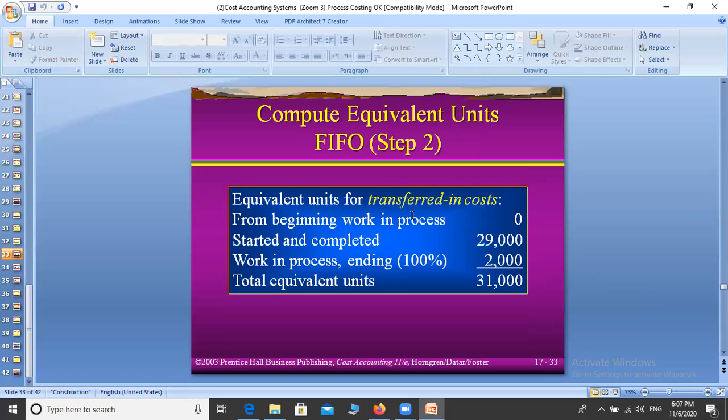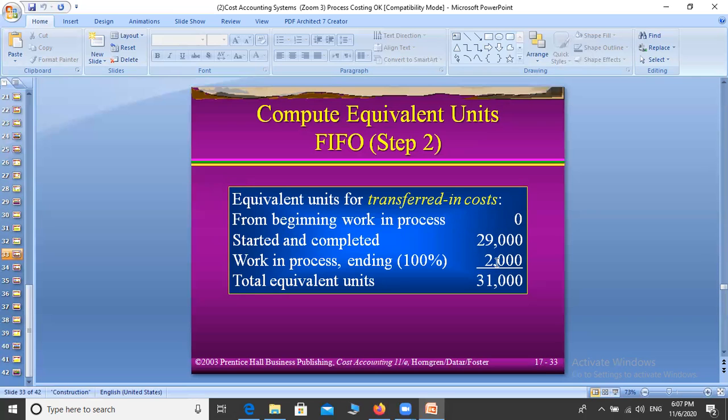From beginning work in process, the transferred in cost is 100% from the previous process, so I will give it 0. These units in beginning work in process were 4,000. As they completed the 33,000, the remaining started and completed is 29,000.